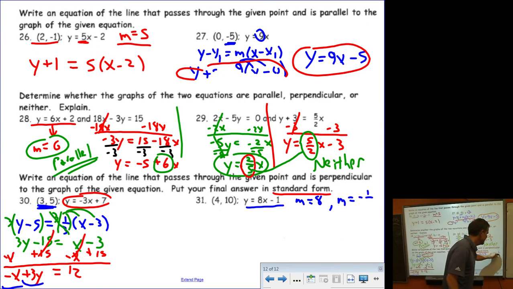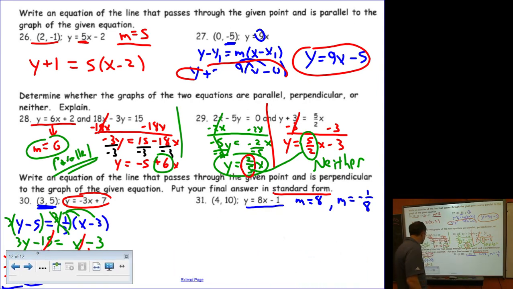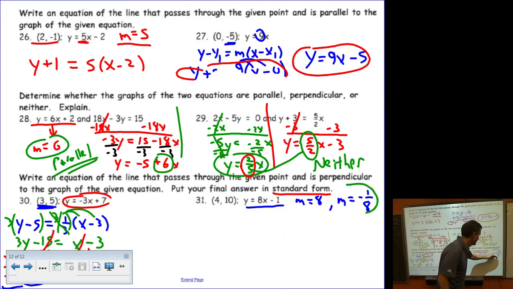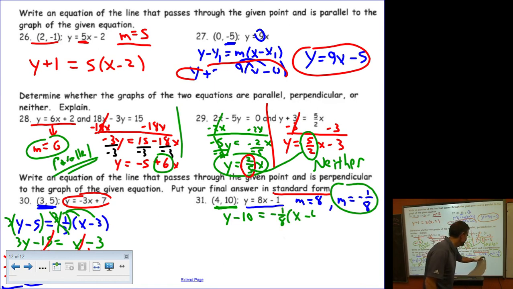It's going to be negative 1/8. And now I am ready to write my equation. I'm going to take my slope, and I'm going to take this point, and I'm going to write an equation in point-slope form. It would be y minus 10 equals negative 1/8 times x minus 4.